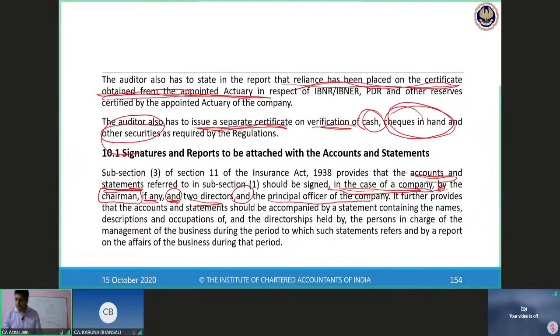Okay. It further provides that accounts and statements should be accompanied by a statement containing the names. So what will be included along with all of these accounts and statements?